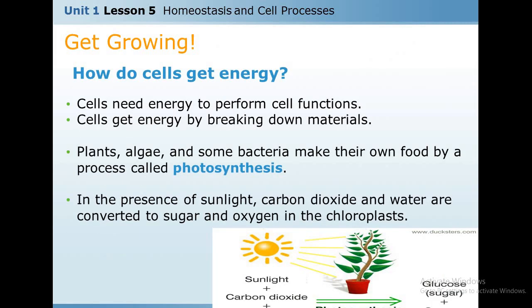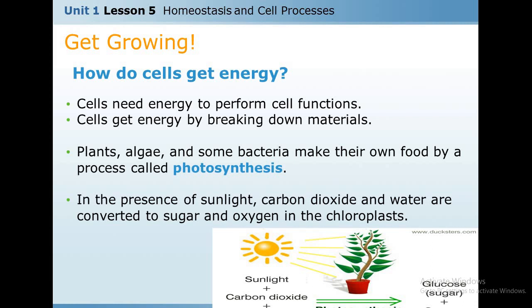Okay. So the cells need energy to perform their function. And they can get the energy by breaking down materials. But the plant cannot get energy except from the photosynthesis process. So what's the photosynthesis process?